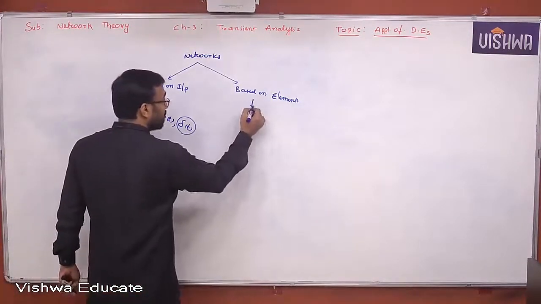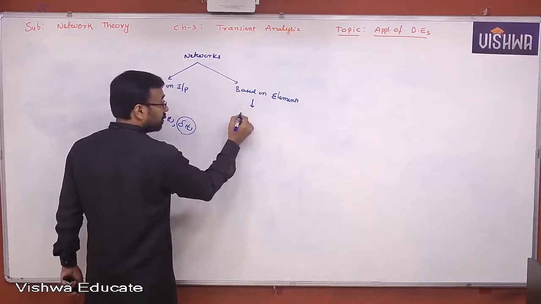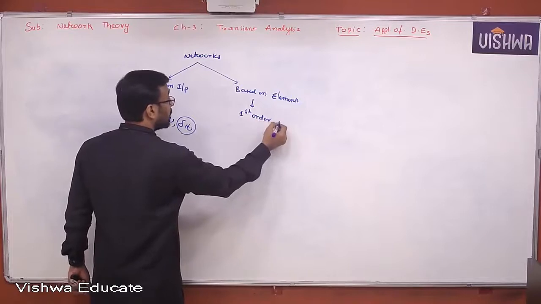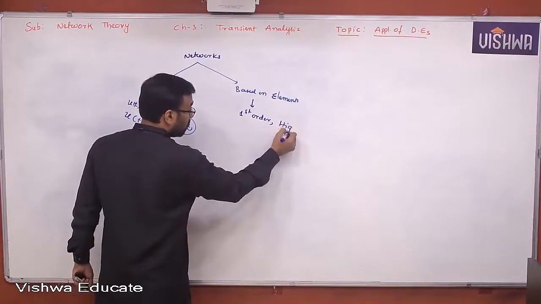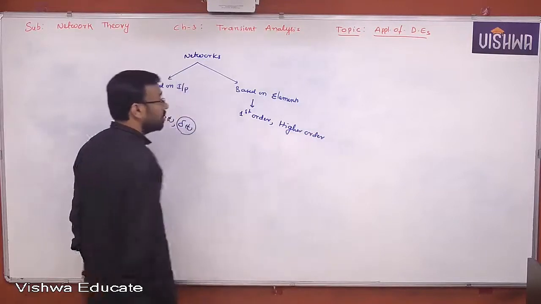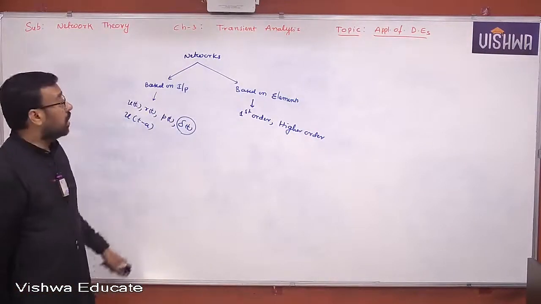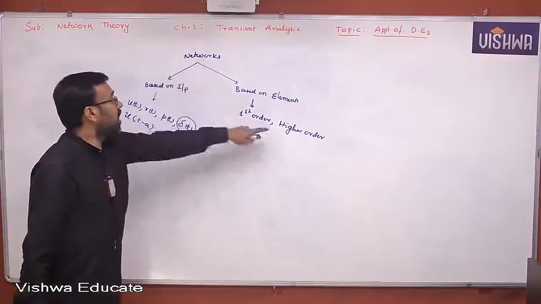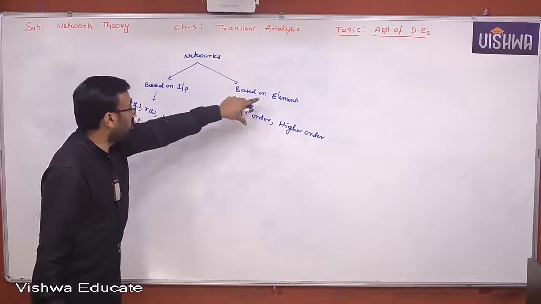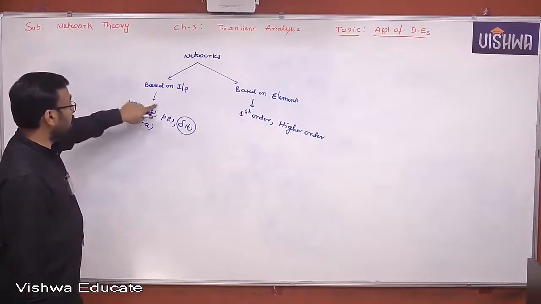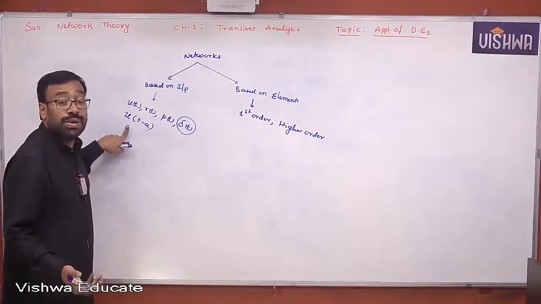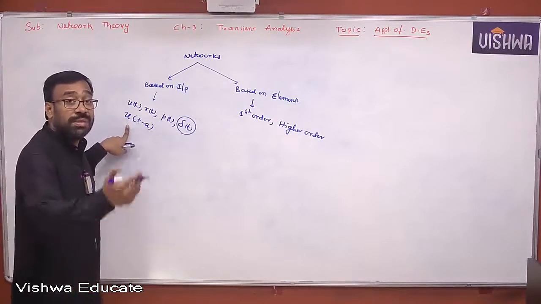Based on the elements, you can say first order network, or second order or higher order networks. The networks can be classified irrespective of the order. You may have step input, ramp input, parabolic input, impulse input, or even shifting functions in the input.